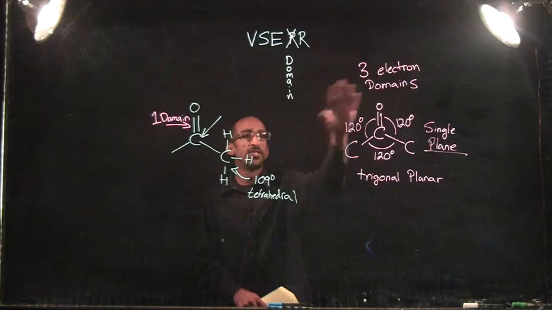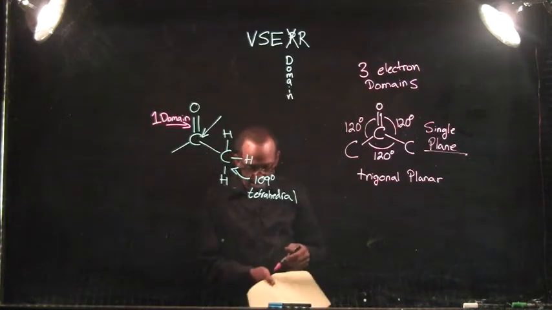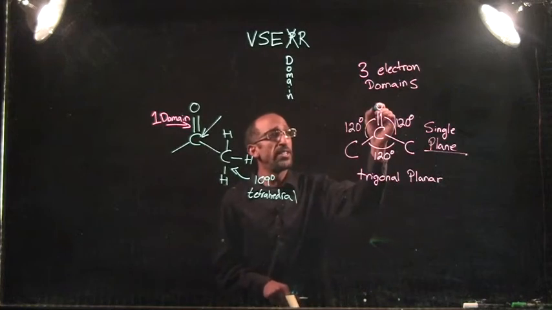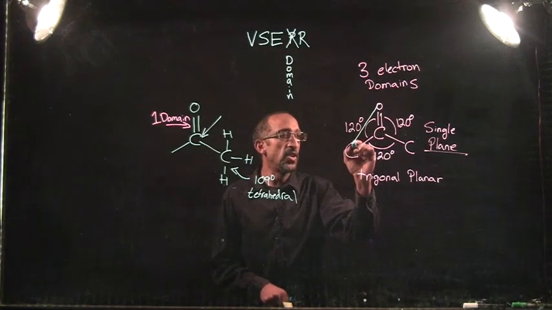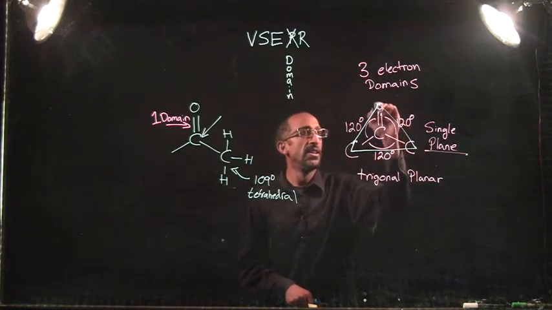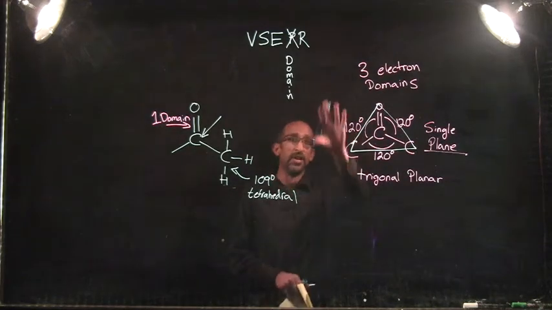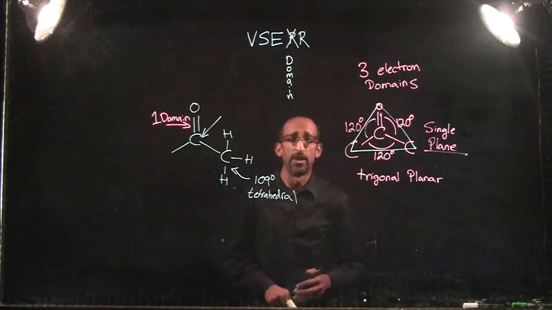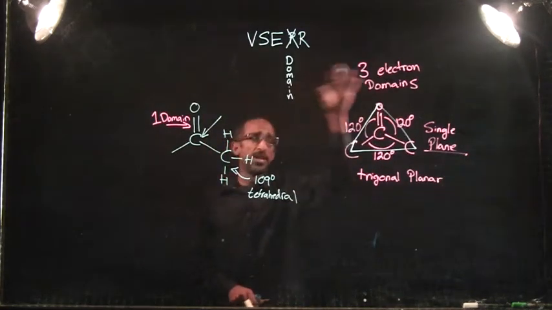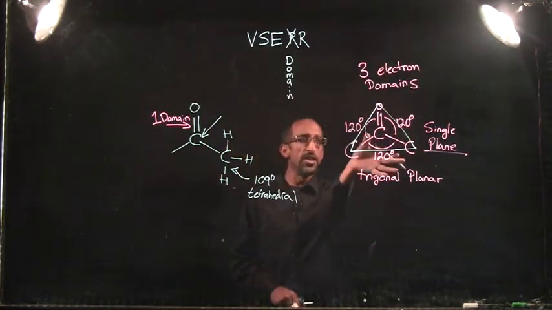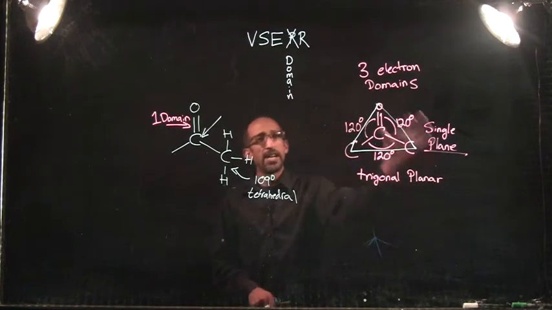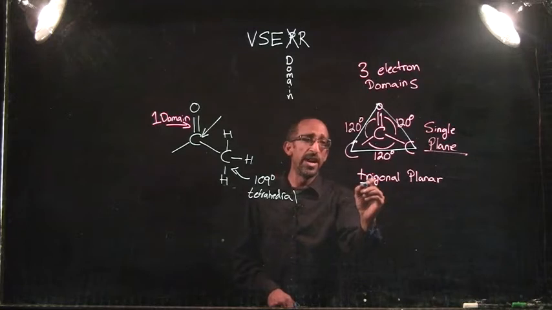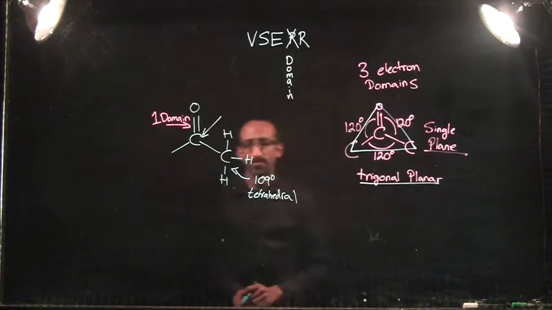Planar because all of the atoms lie in a single plane, and trigonal because if we go to the points, we can quite clearly make a triangle between those 3 outside atoms with that central carbon right in the middle of our triangle. So 3 electron domains, 120 degree bond angles. I can put all of the atoms into a single plane, and the geometry is known as trigonal planar. Okay?